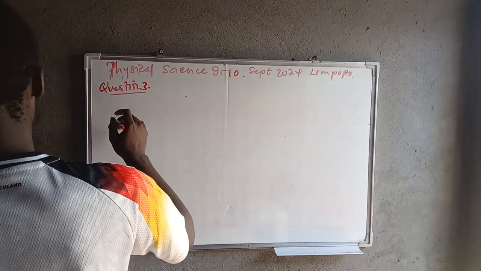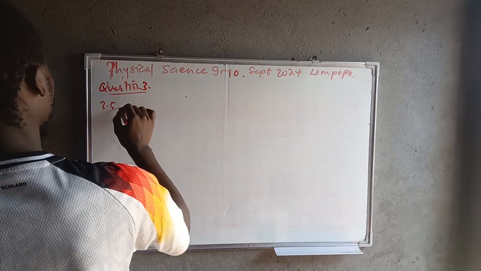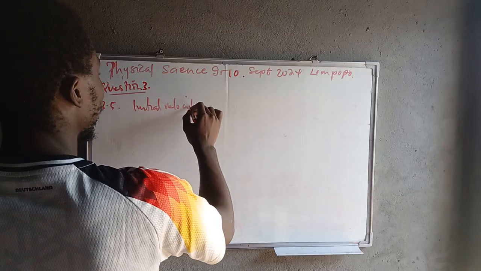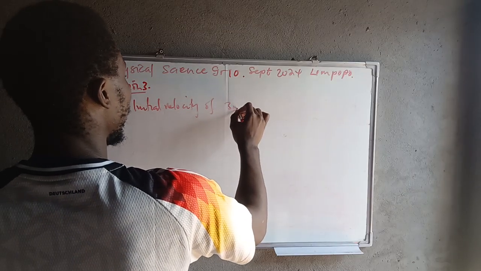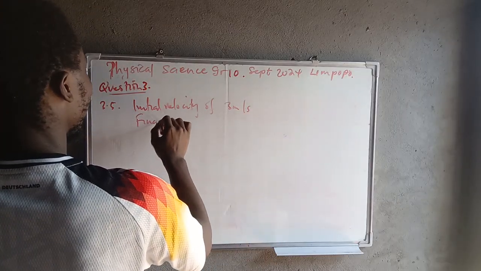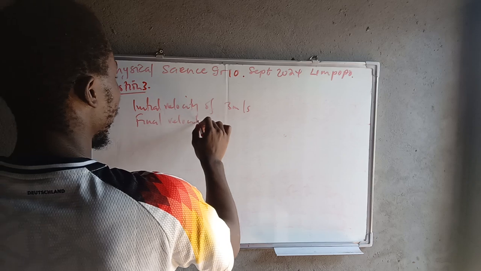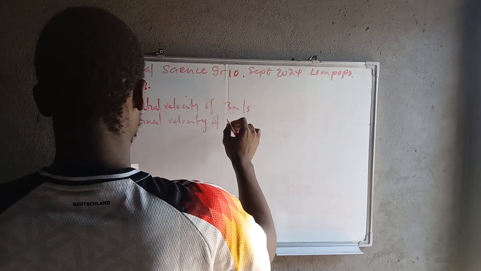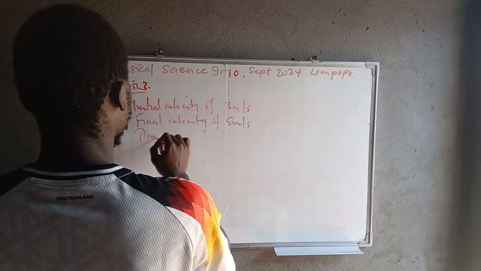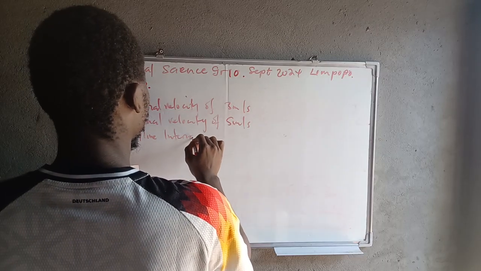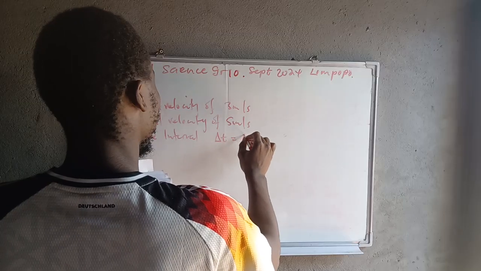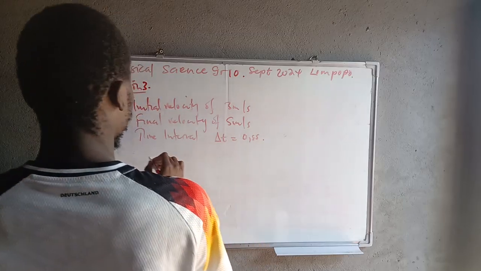On 3.5, we have an initial velocity of 3 meters per second, then final velocity of 5 meters per second, then time interval 0.8 seconds.